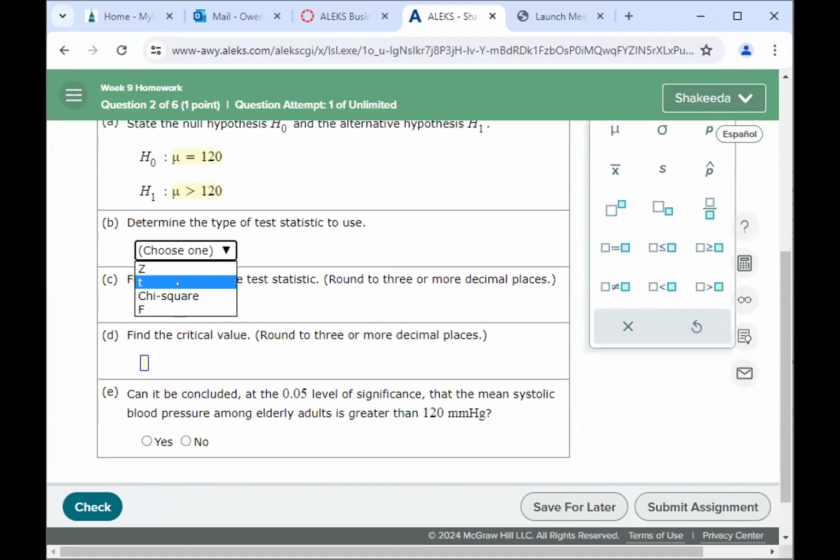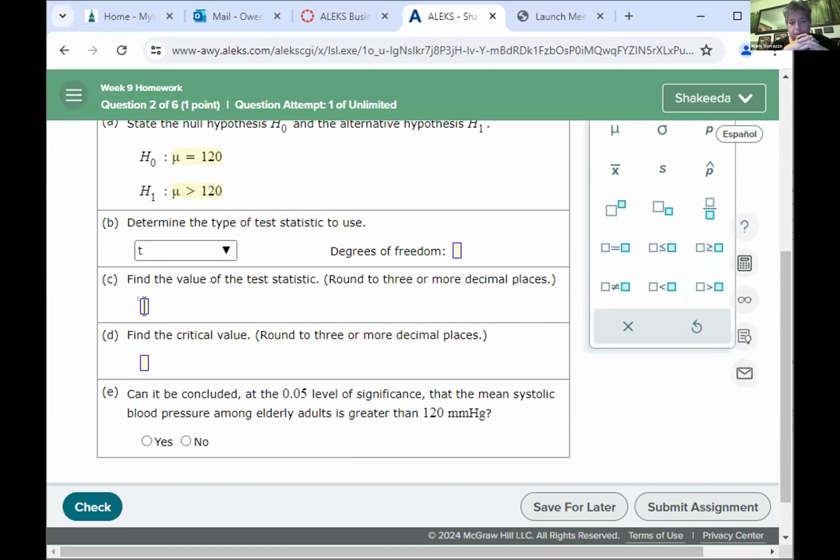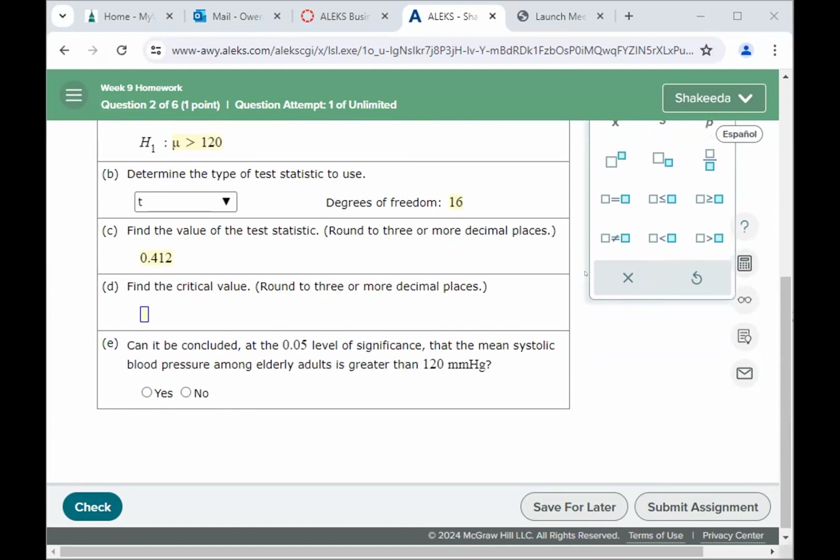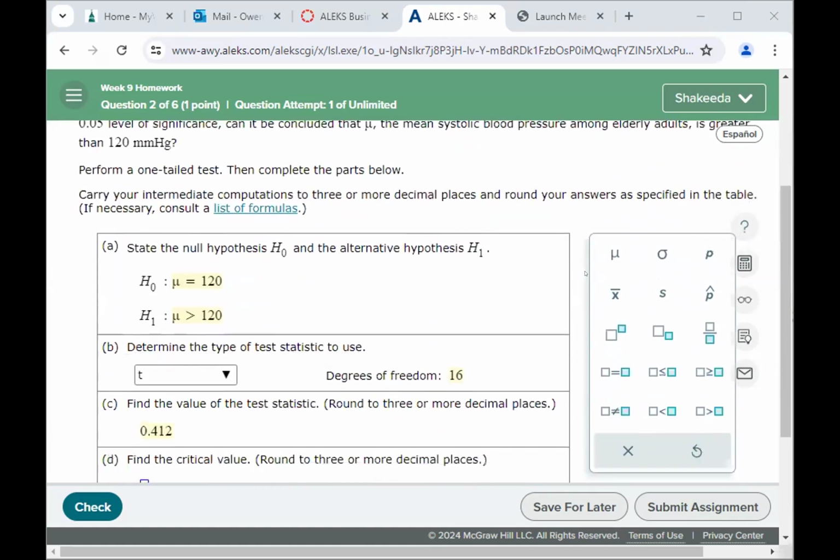We have the t-test. The degrees of freedom is 16. The statistic is 0.412. The critical value, 0.05.